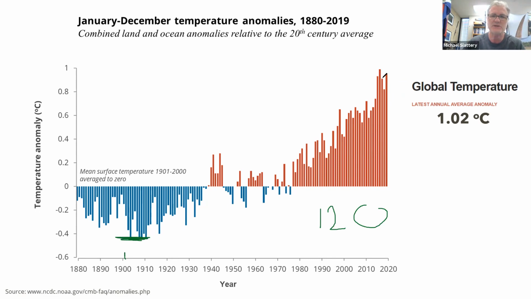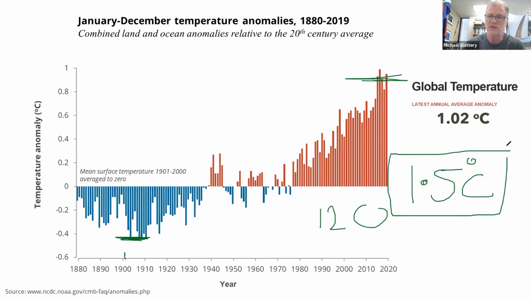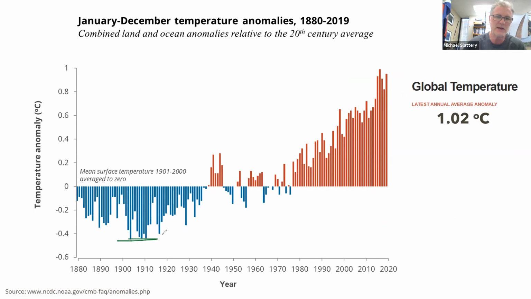And now we're at temperatures up here at about 1 degree Celsius warmer. So for that 120-year period, global temperatures have gone up by about 1.5 degrees Celsius in total. Thankfully, it stopped. So from right there to right there has been about a 1.5 degree change over the 120 years.